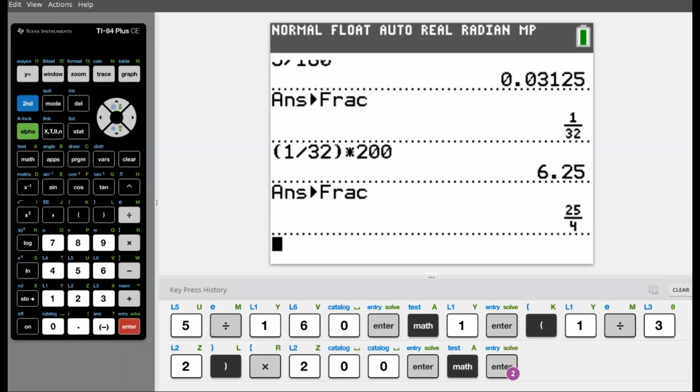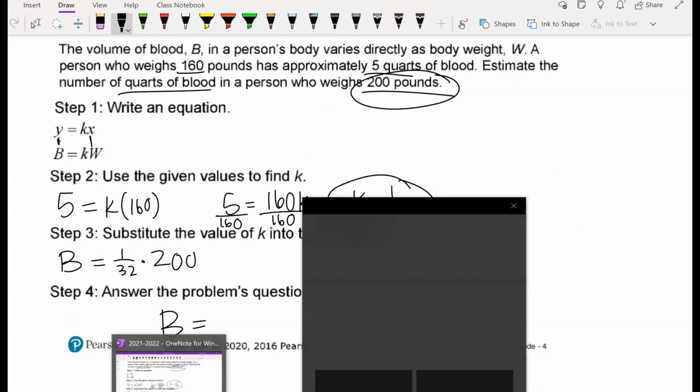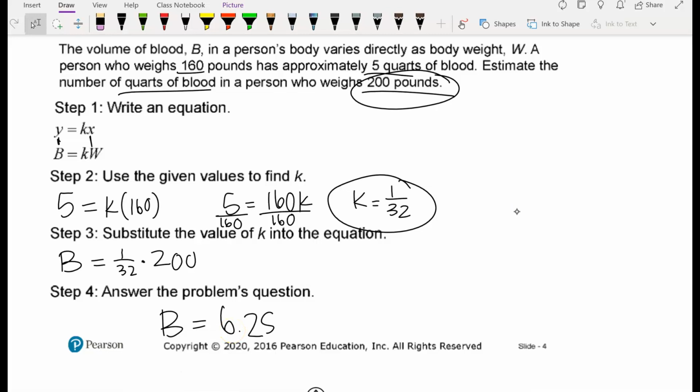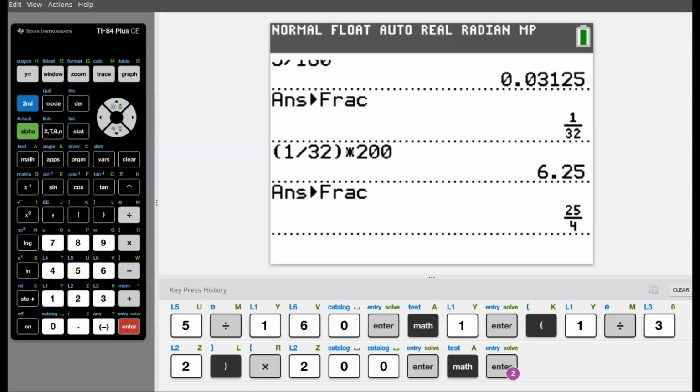I'm not sure if it's going to ask for fractions or decimals, so we'll do both. So 6.25 quarts of blood. Usually if it's a measurement, they want decimals. Or 25 over 4.